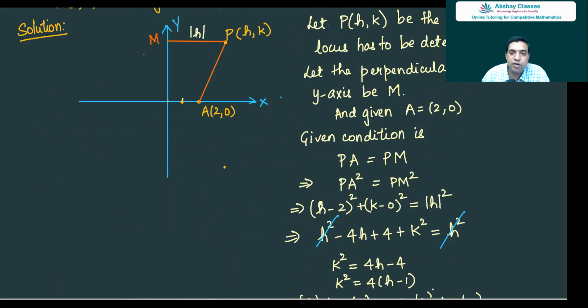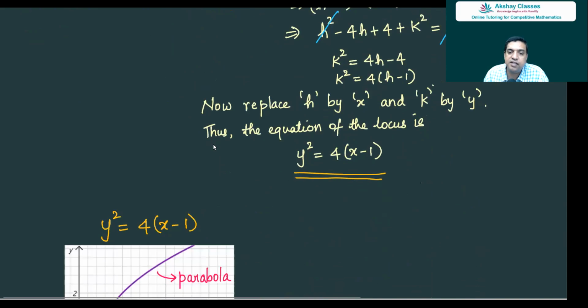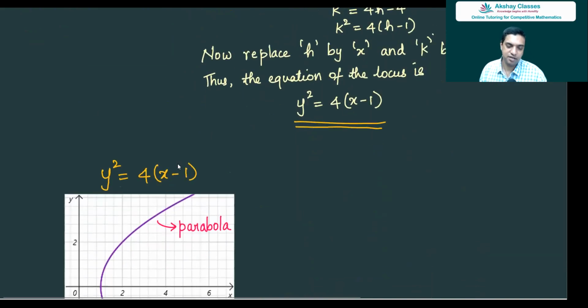So if we plot, the curve will be like this. Okay, that's the parabola. So the point moves in such a way that it satisfies this condition.